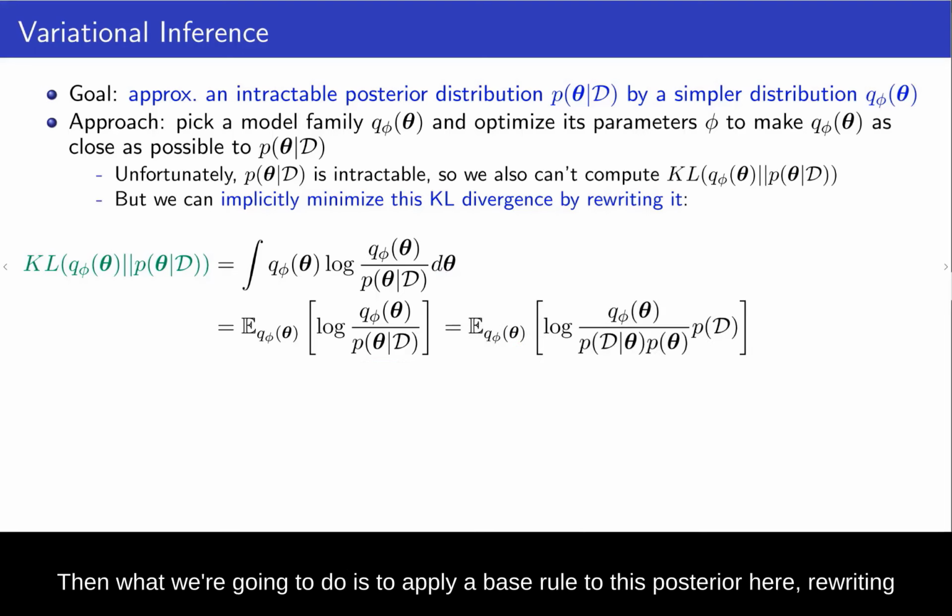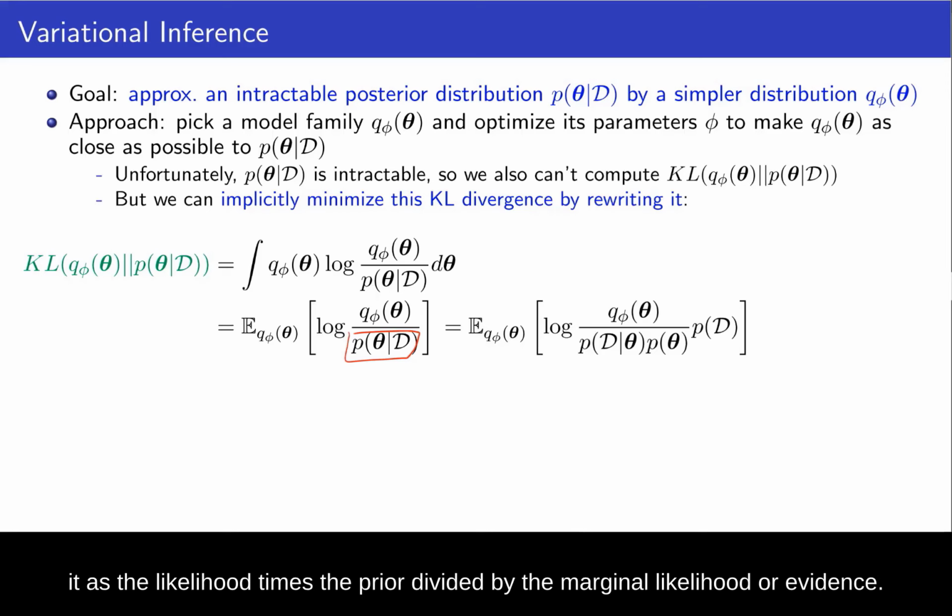Then what we're going to do is to apply Bayes' rule to this posterior, rewriting it as the likelihood times the prior divided by the marginal likelihood or evidence.